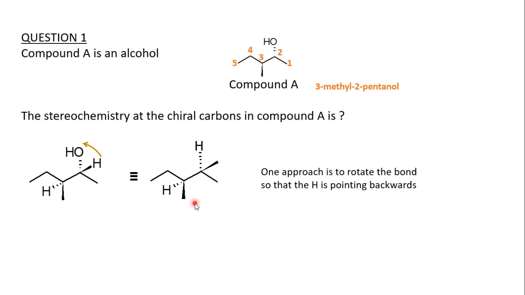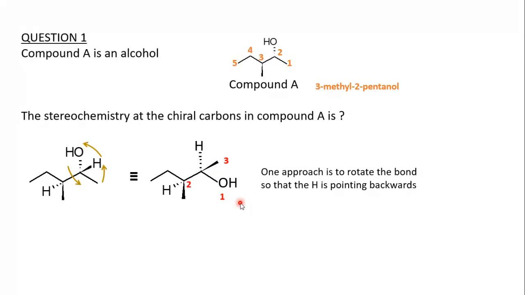If the hydrogen has gone to the back, it means that the OH would have come around and gone to this position. So in our rotation, hydrogen has moved to the back. The OH is now in the plane, and that means the methyl is left to come forward. So this CH3 is now here. It is now coming forward.